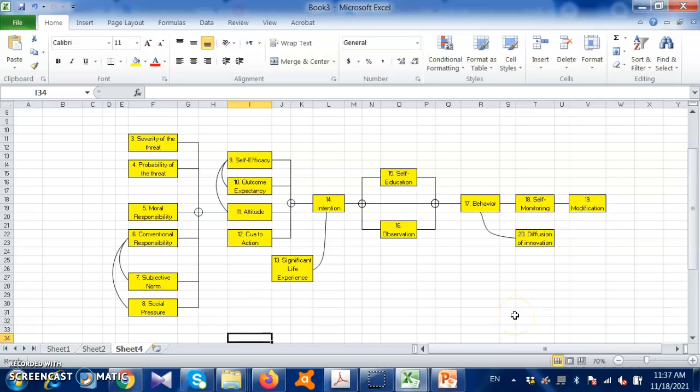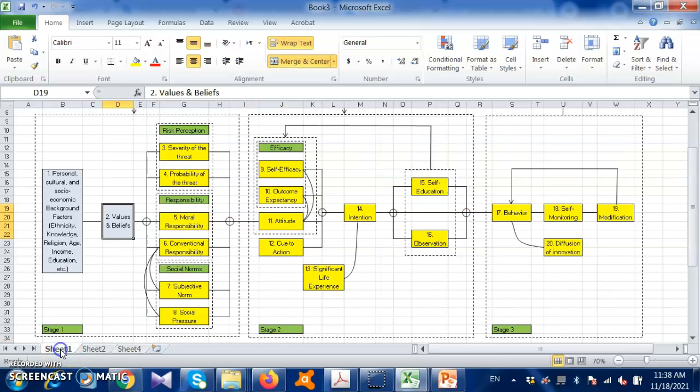This is the model. Now I'm having a little bit of trouble because I'm not only working on the emergency kit. So now I'm going to be testing other behaviors in hurricane preparations. The first one is preparing an emergency kit.